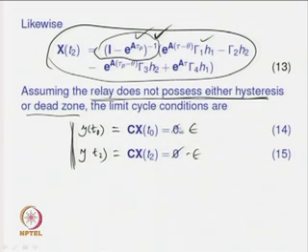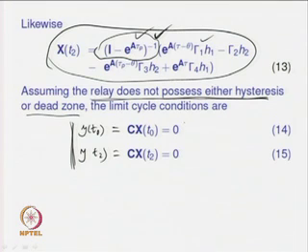Finally, we get the two important expressions as far as the initial conditions or the state equations at time t equal to t0 and t equal to t2 are concerned: y(t0) is equal to C x(t0) equal to 0, and y(t2) is equal to C x(t2) equal to 0. Now, when the x(t0) and x(t2) expressions are put, what form of expressions do we get?